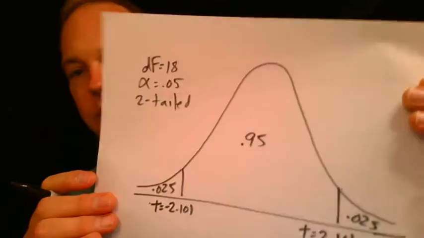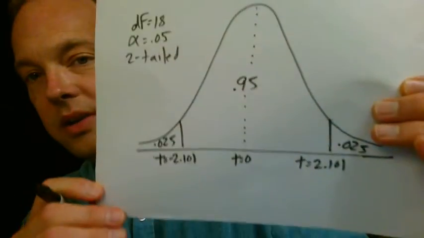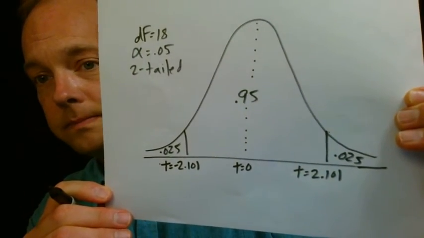Now, I'm going to simply put in the correct t-values. T equals negative 2.101 on the left. T equals positive 2.101 on the right. And in order to be absolutely complete, I'm going to put a t-value of 0 in the middle.